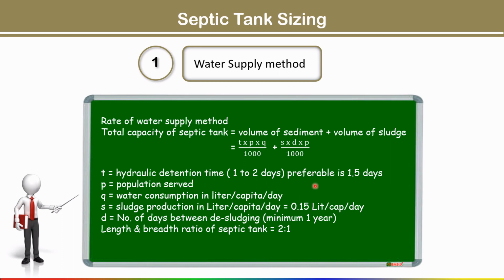As per standard, preferable is 1.5 days, so that I have taken. Small p is population served, Q is the water supply rate, S is sludge production in liter per capita, so as per standard we have to take 0.15 liter per capita per day. And the number of days between desludging, we have taken 1 year. So this thing you have to remember.